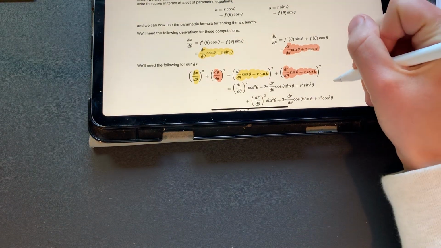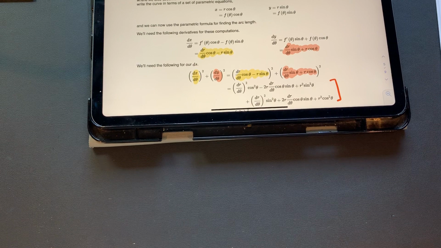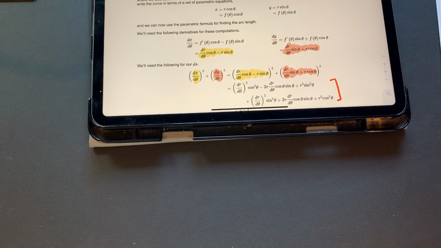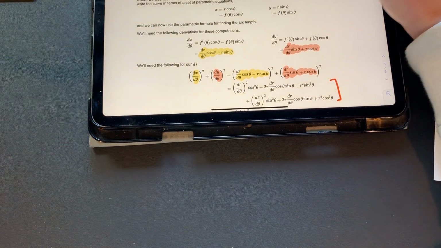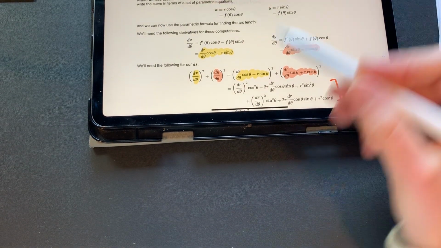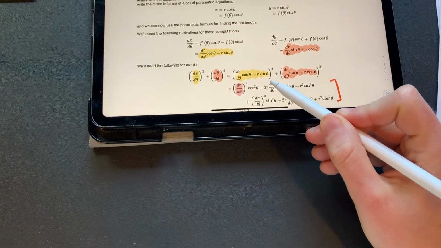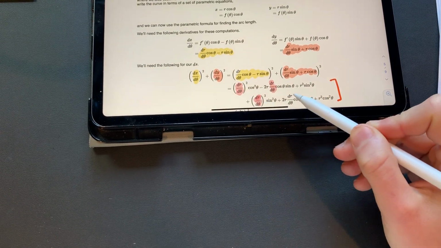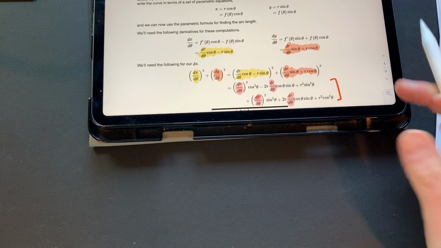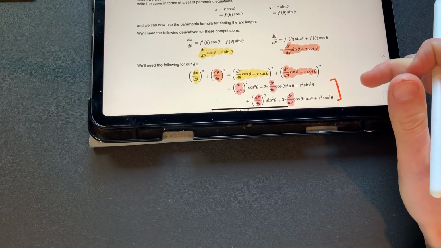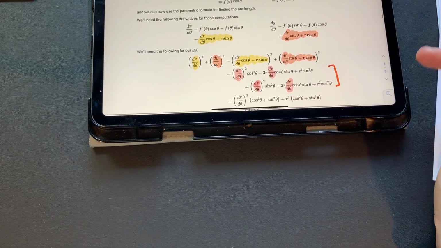So that's like the first step, is expanding that out, doing some rewriting, doing some simplification. And we want to simplify even further. Basically, we want to group terms. So if we can notice here that we have dr d theta here, dr d theta here, dr d theta here, dr d theta here, we can start to do some clumping and restructure.